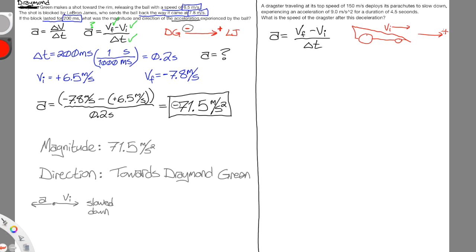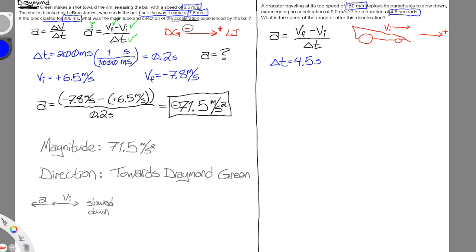Once we have a coordinate system, we need to start assigning our numbers to variables. So again, one of these is a little easier than the rest of them. 4.5 seconds is clearly a duration because it has units of time. We also have this 150 meters per second, which is going to be one of our velocities.